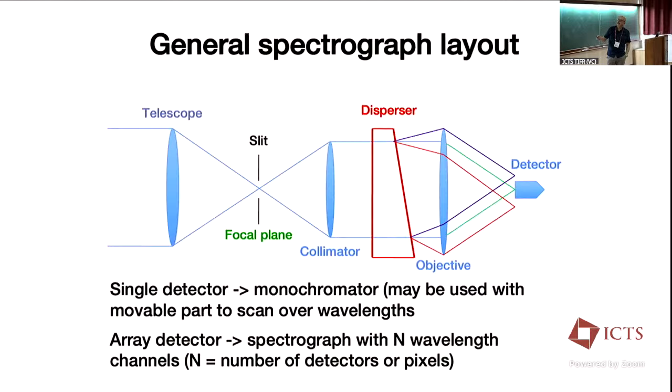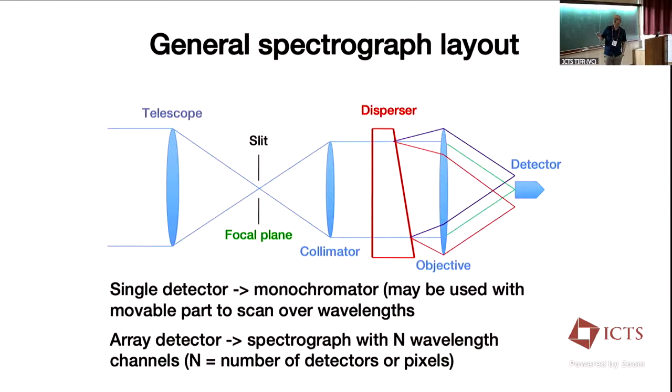I make it parallel here, and I put a disperser in. A disperser is an element which deviates the different wavelengths with a different angle.